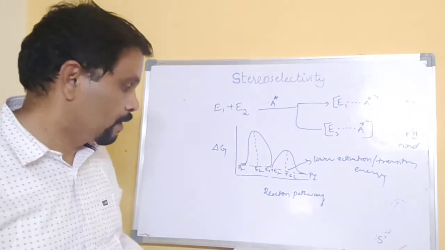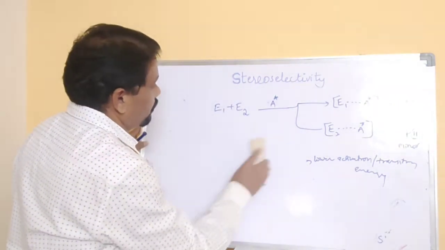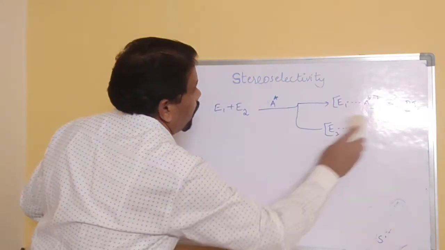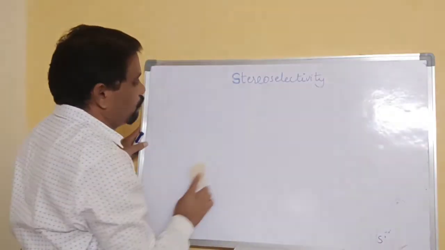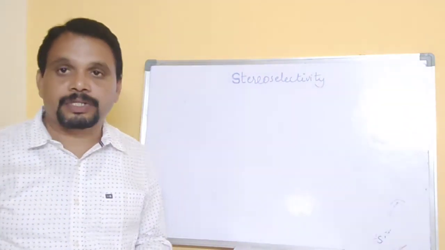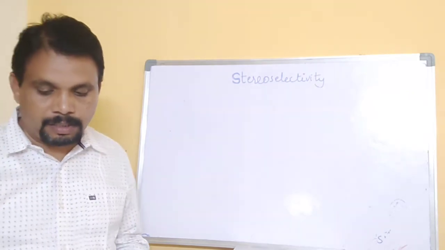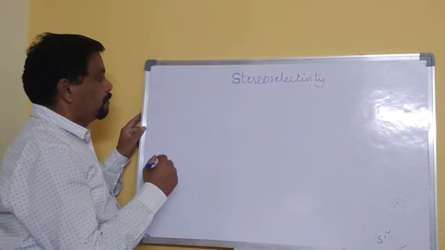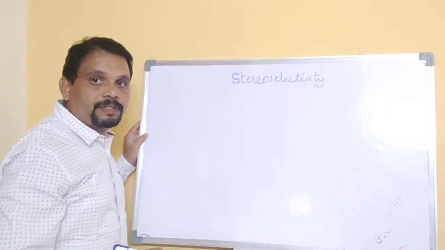So we can explain why one enantiomer forms predominantly over the other, based on the transition state energy levels.